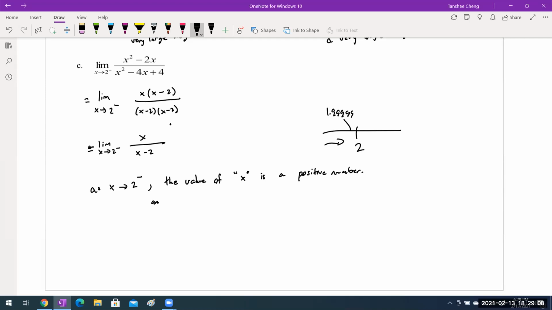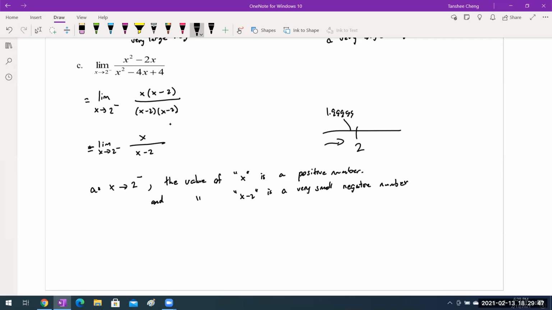And you can write it down like this if you want to speed it up on the exam. The denominator, x minus 2, is 1.99999 minus 2, which is a very small negative number. So you need to indicate that. Now I can see that the numerator is a positive number, and the denominator is a very tiny negative number as we approach 2 from the left-hand side.